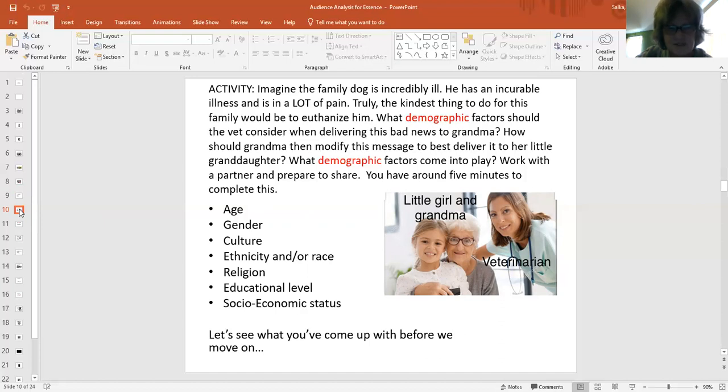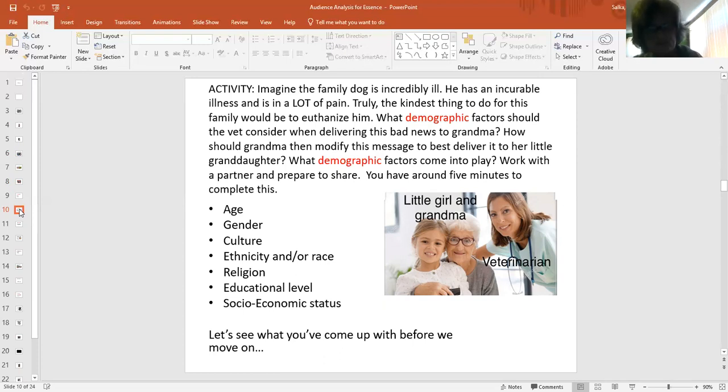Okay, so first of all, the person with the highest educational level, actually, I don't know what grandma's educational level is, but I'm assuming here, and I'm assuming correctly because I'm the one who made up the presentation. Yeah, the veterinarian has the highest educational level. So she is probably going to maybe not use the exact technical jargon or the Latinate words for whatever the dog has wrong with it.